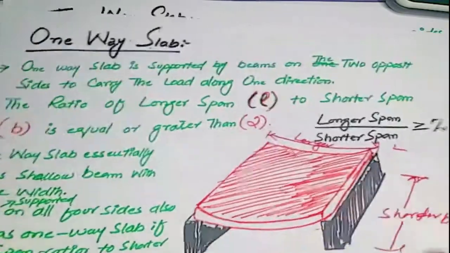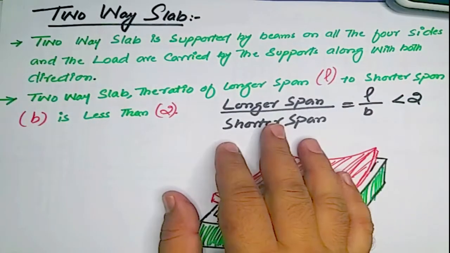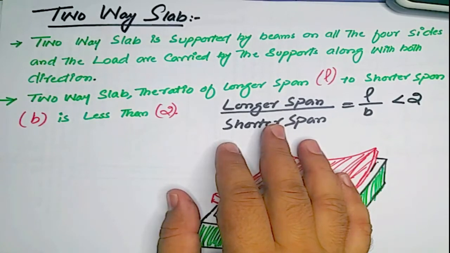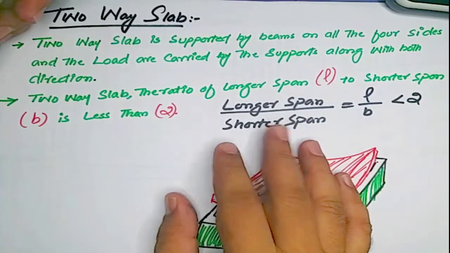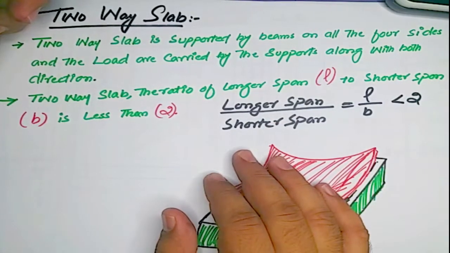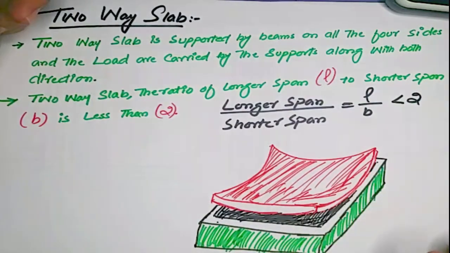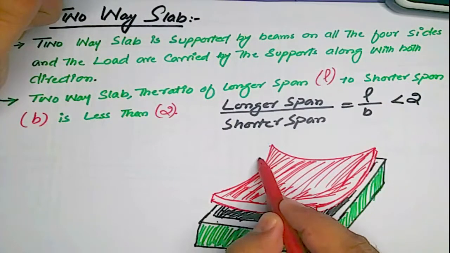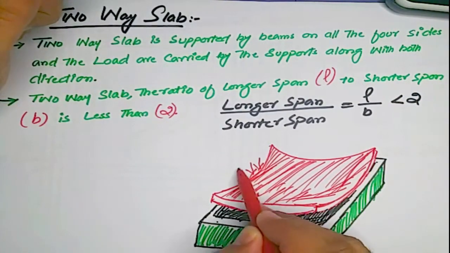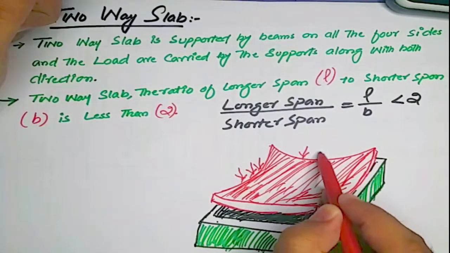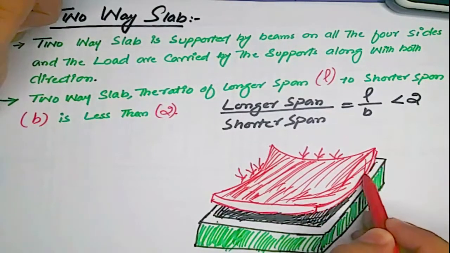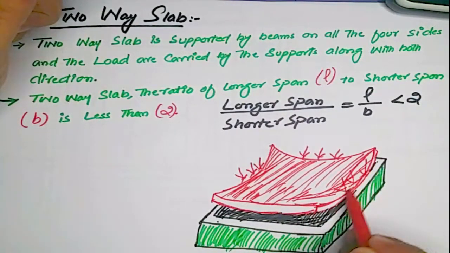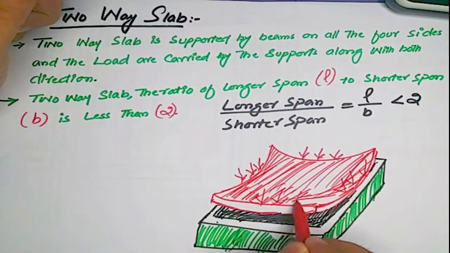The next one is the two-way slab. A two-way slab is supported by beams on all four sides and the loads are carried by the supports along both directions. It means loads are acting in this direction, this direction, and also this direction.